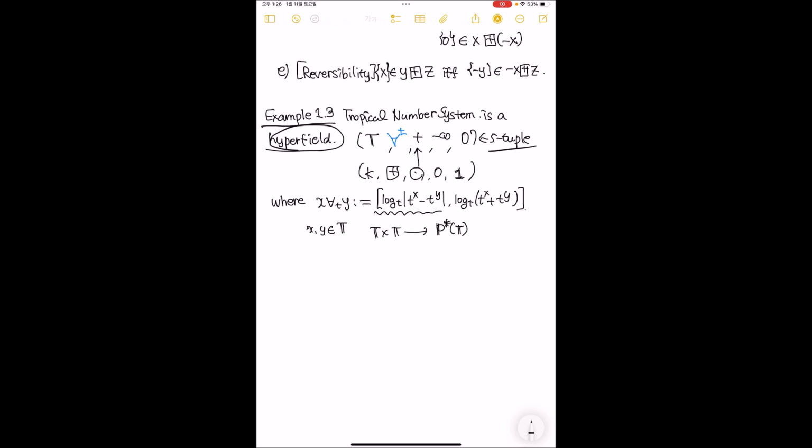That is in the Tübingen University tropical geometry lecture, or my Instagram lecture 301. Why this is a hyperfield, and why this part is related to tropical geometry.